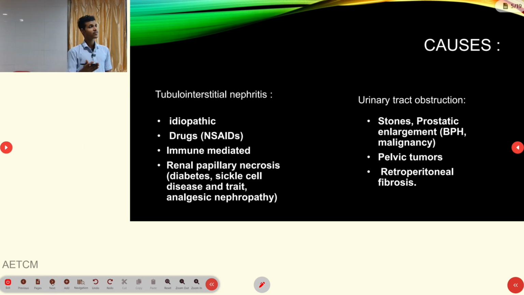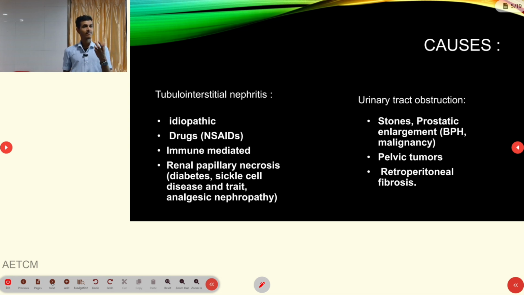And then the fourth part is tubulointerstitial nephritis. Here, idiopathic causes, drugs like non-steroidal anti-inflammatory drugs, and some immune-mediated causes can occur. Renal papillary necrosis is also a common cause of CKD. And then the final, fifth one is urinary tract obstruction.